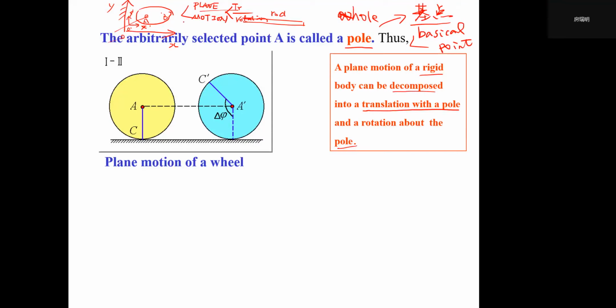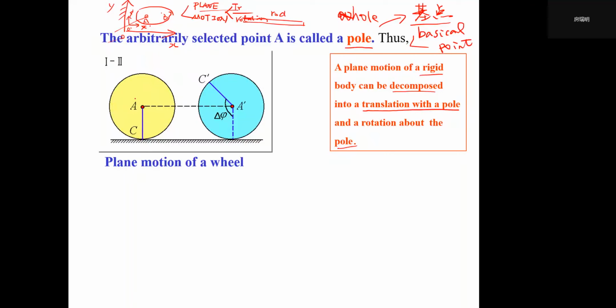Maybe the translational description will be different, but the rotation will be totally unaffected by this different position you select. So that means you can think about that. If we select this C as the basic point of the pole, so let us draw a reference segment AC here.